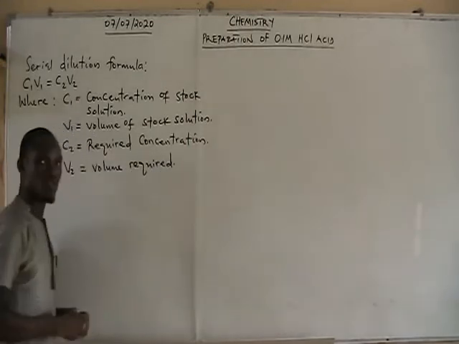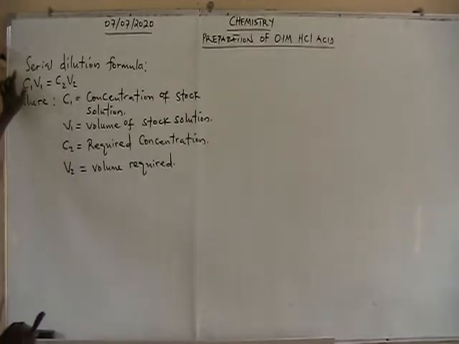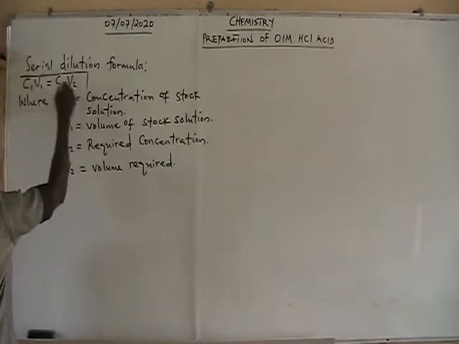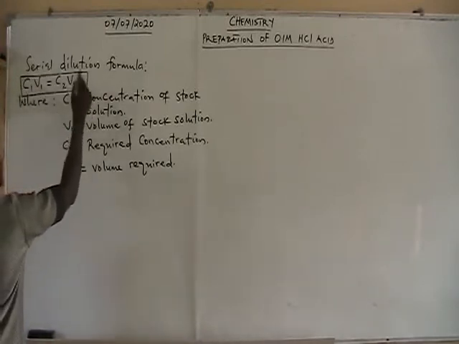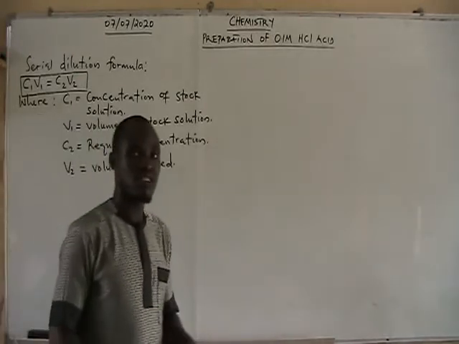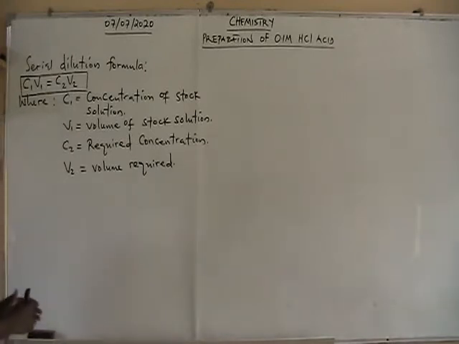You get to observe that this important formula, known as the dilution or serial dilution formula, is very, very useful in preparing especially liquid solutions of liquid chemicals in the chemistry lab.